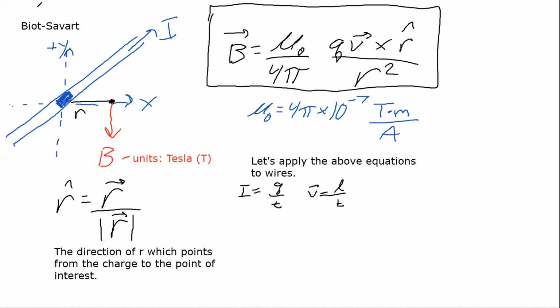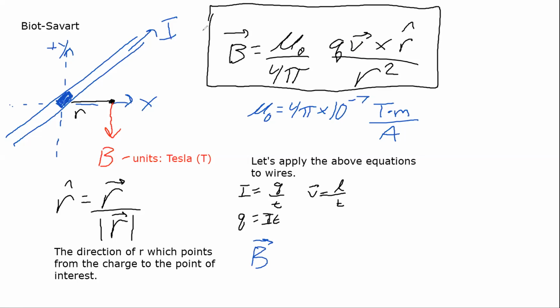So if I invert this, this becomes Q equals I times T. This becomes V. Well, I don't need to invert that. So this is I. So if I take this Q, plug it in here, take this V, plug it in for V, I get a different equation for B, but more applicable when it comes to currents.